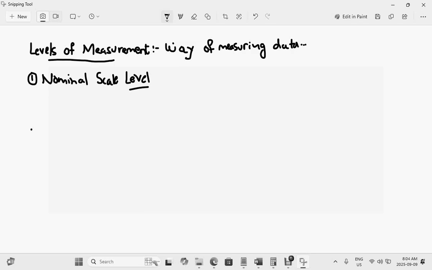Number two, this is ordinal scale level. Number three, this will be interval scale level. And number four is ratio scale level.